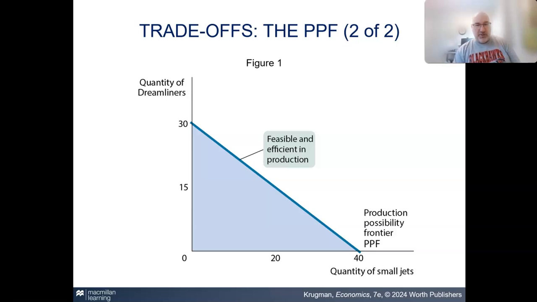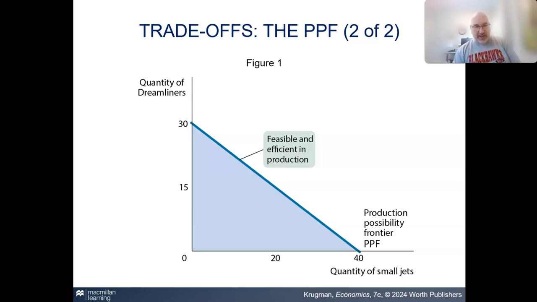I'll hook you up. Basically, we can make either 30 Dreamliners or 40 small jets or any point on that line in between. So any point on the line is feasible and efficient in production.